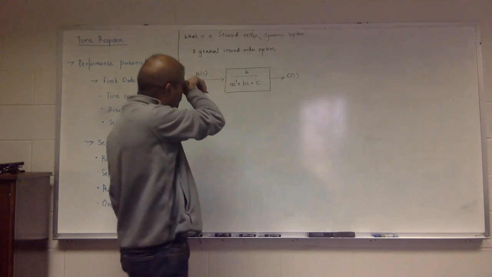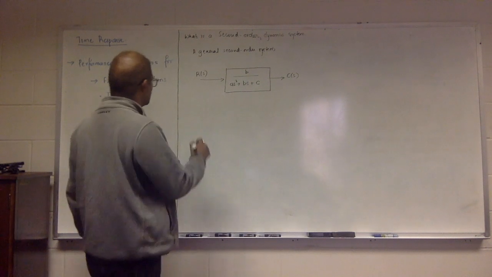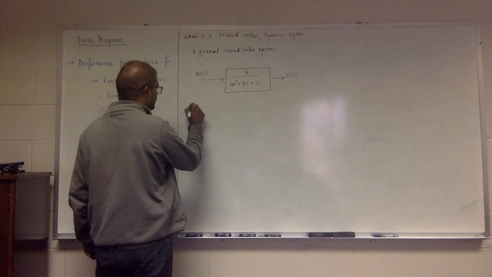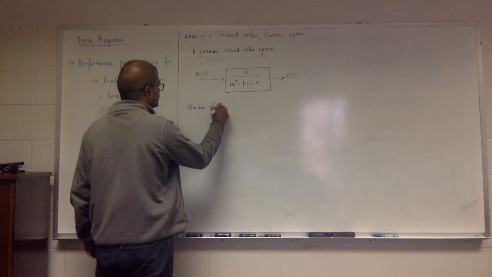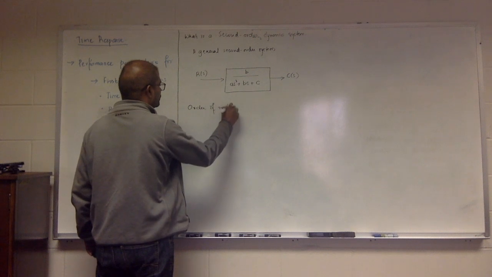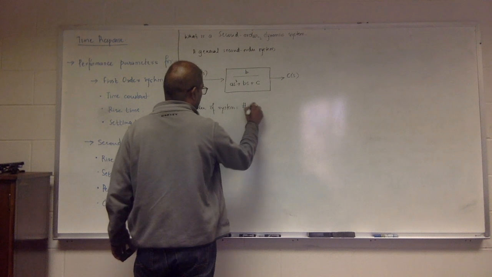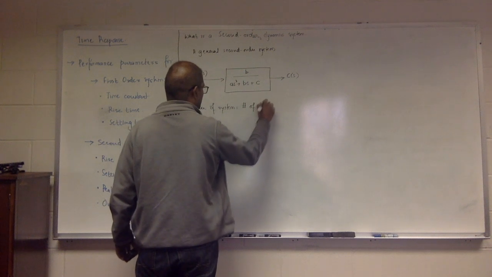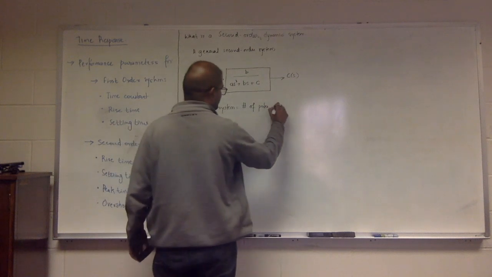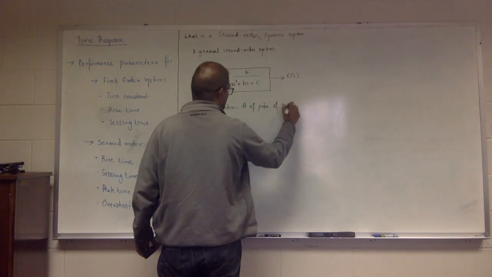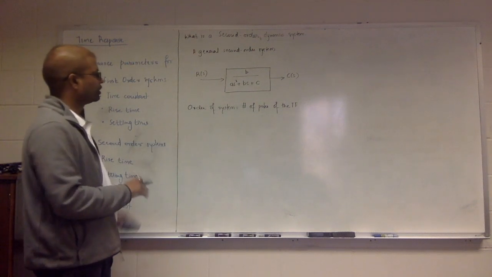Okay. So here we have talked about this, I'm just going to remind you. Order of system is equal to the number of poles of the transfer function.